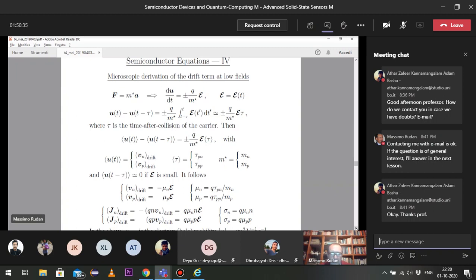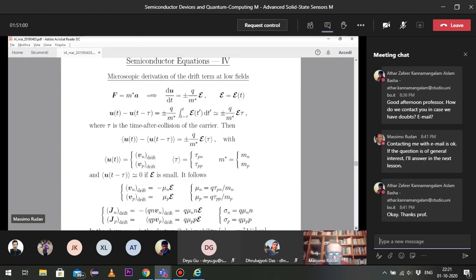And if you consider the central part of the second line, where the integral of the electric field is visible, okay, you see that for the integration limits, the second integration limit is some generic time t.